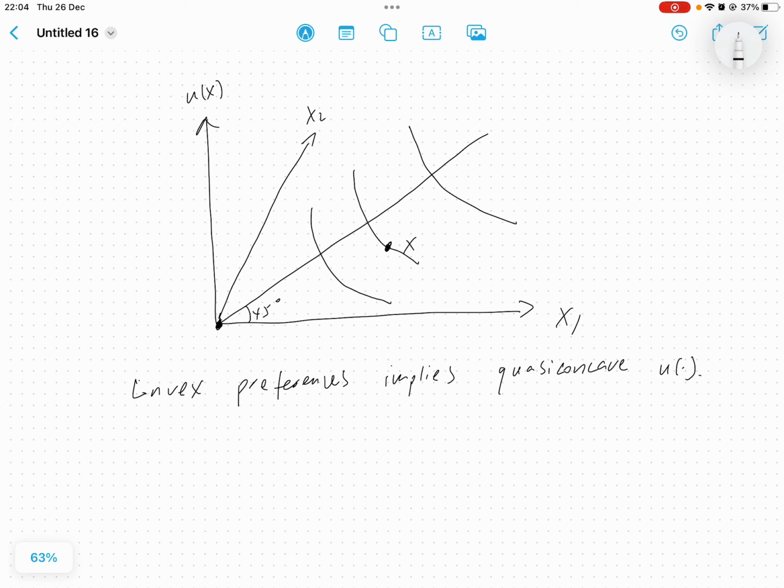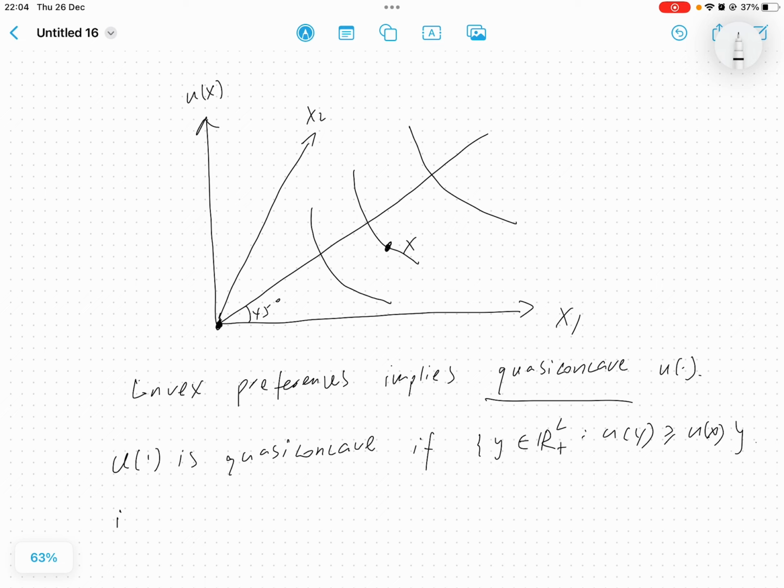So what do we mean by this quasi-concavity? U is quasi-concave if the set of y in R plus L dimensional space, where u(y) is weakly bigger than u(x), is convex for all x.